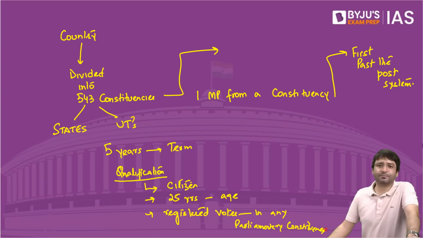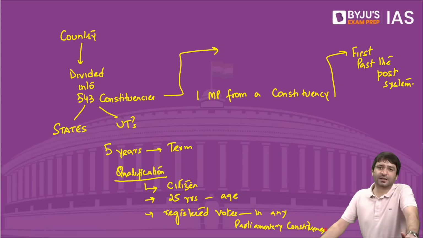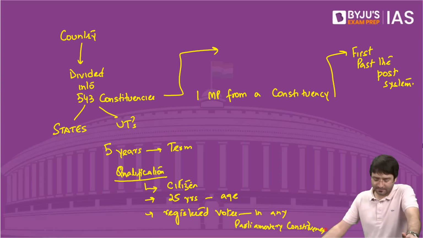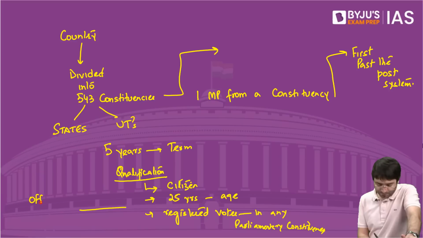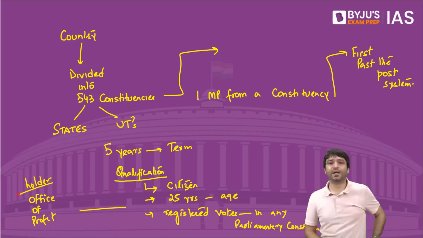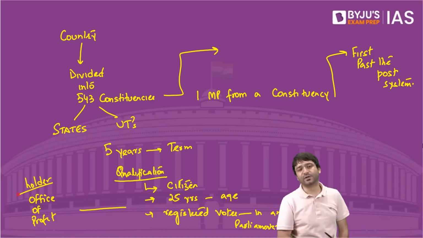For example, Mr. Modi is a registered voter in Gujarat, but represents Varanasi from Uttar Pradesh in Lok Sabha. Plus, you should not be holding any office of profit. These are the qualifications.